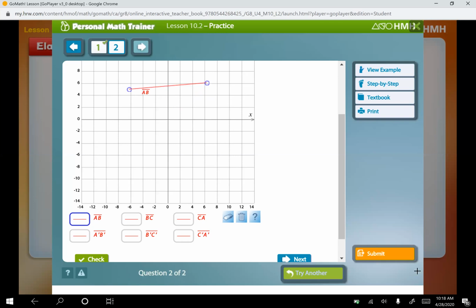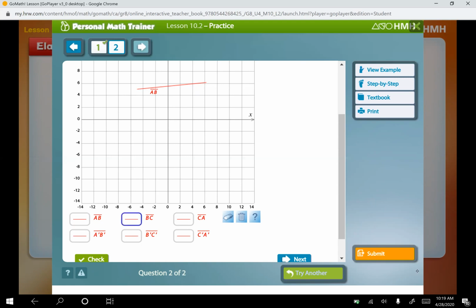So -5 is between -4 and -5, so it's going to be right there. Okay, let me see if I can fix this one a little bit. Kind of picky about it. So I'm just going to put them where they're supposed to go, and then I'm going to zoom in on the shape and graph it that way. So we got 6, 6, -5, 5, and C is going to be -5 and 2.